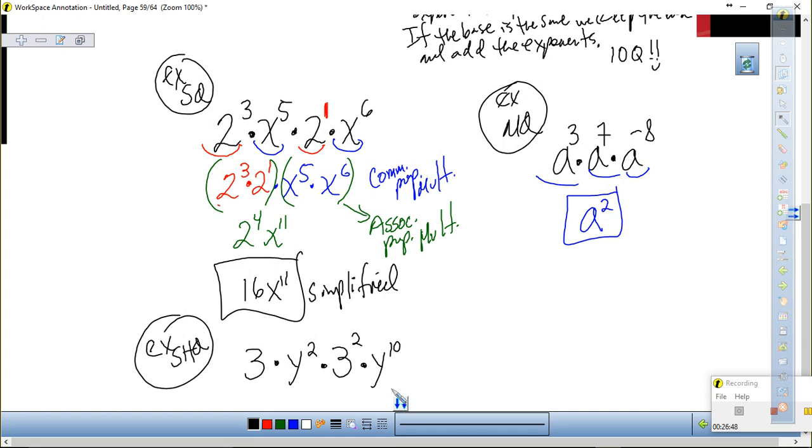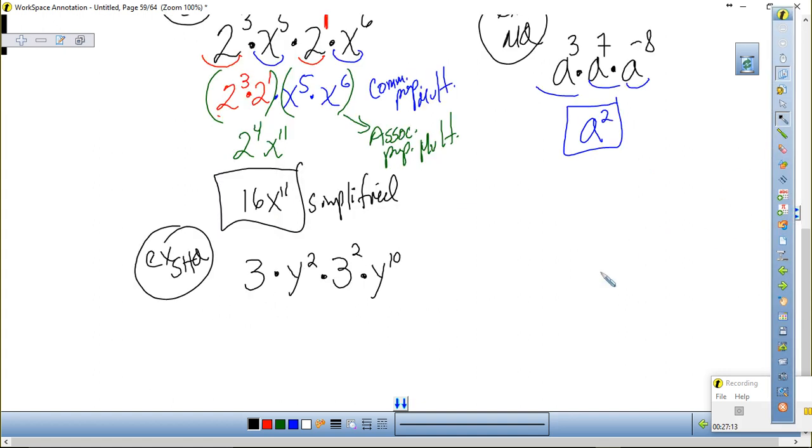See if you can do that one like the one we did for example super Q. Share with your neighbor, see what they got.